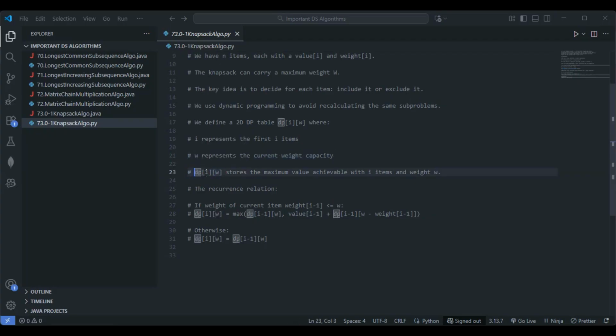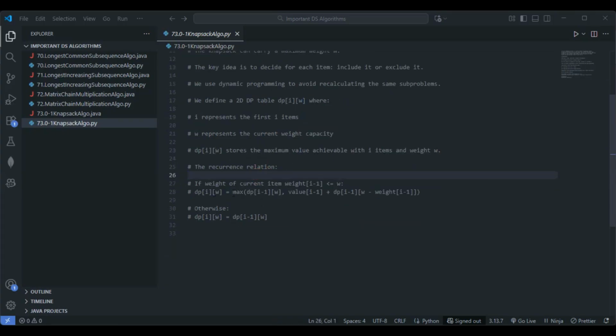DP of I, W stores the maximum value achievable with I items and weight W.